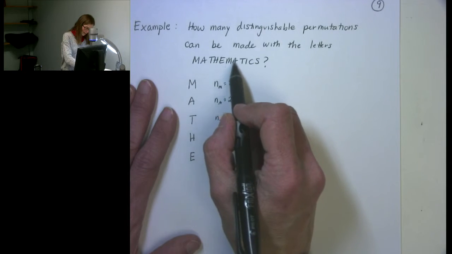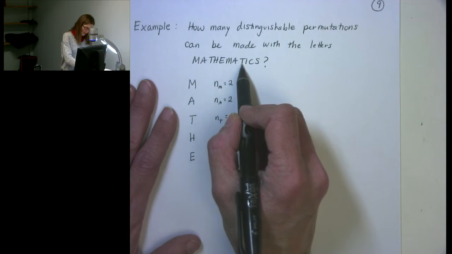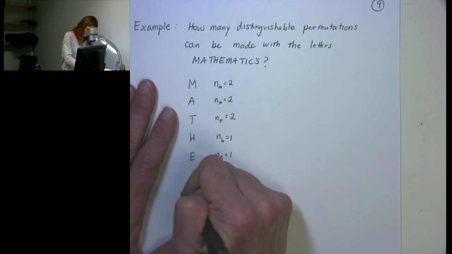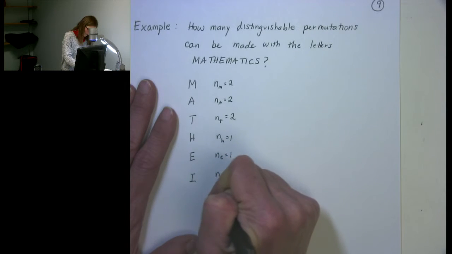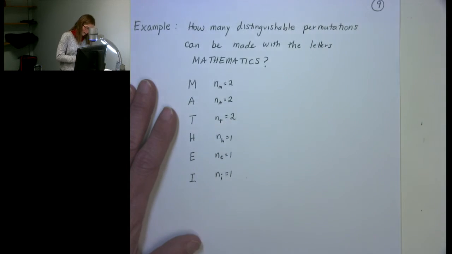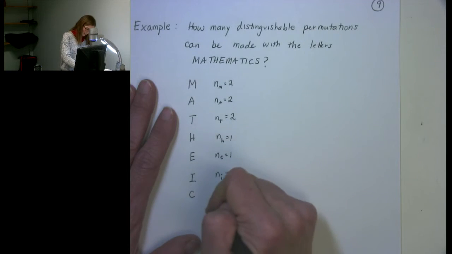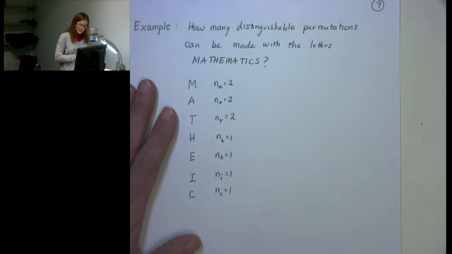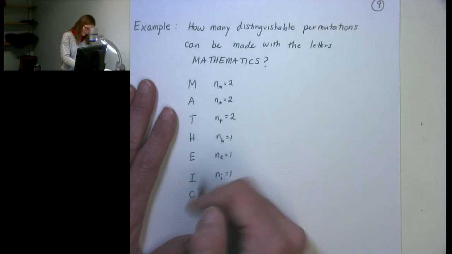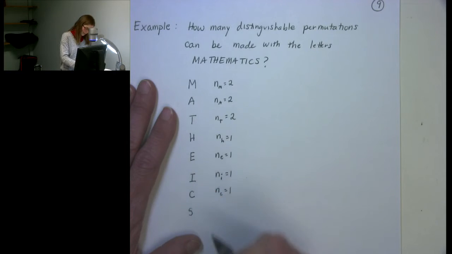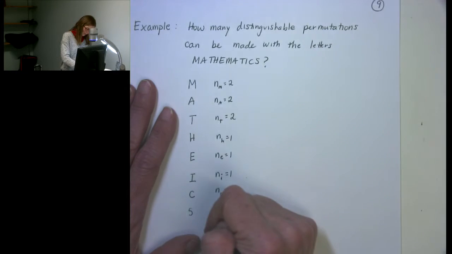Let's see, A, M, A, T, I already have those. I've got letters of type I, and I've only got 1 I. I've got letters of type C, and I've got 1 of that type. And I've got letters of type S, and I've only got 1 of that type.